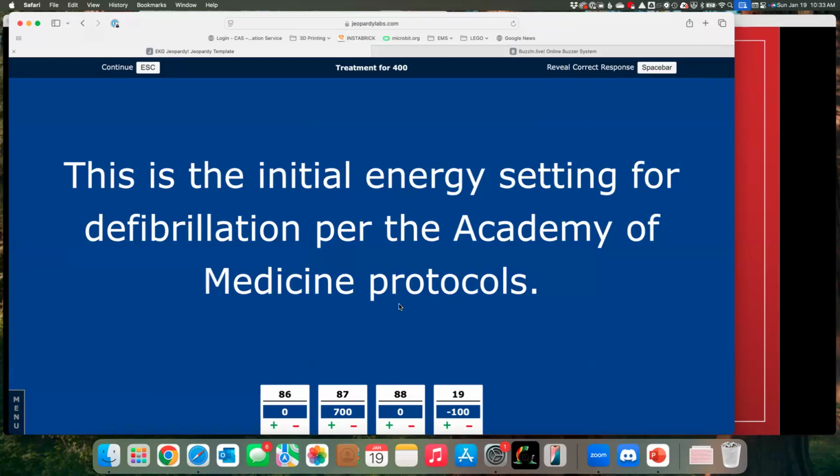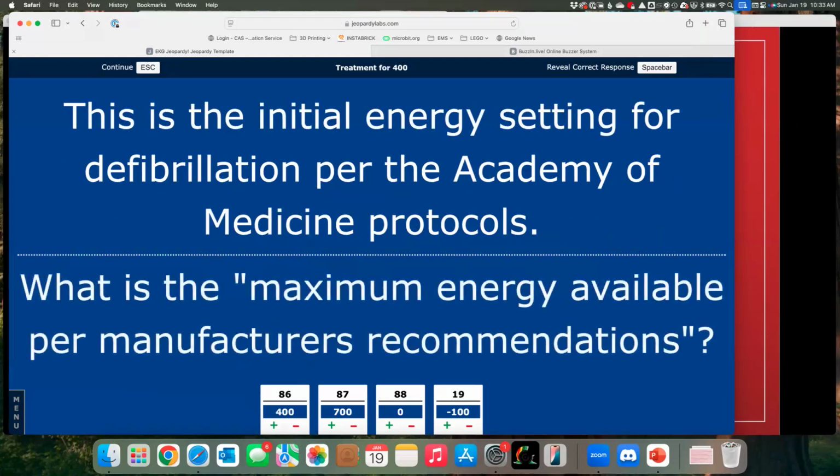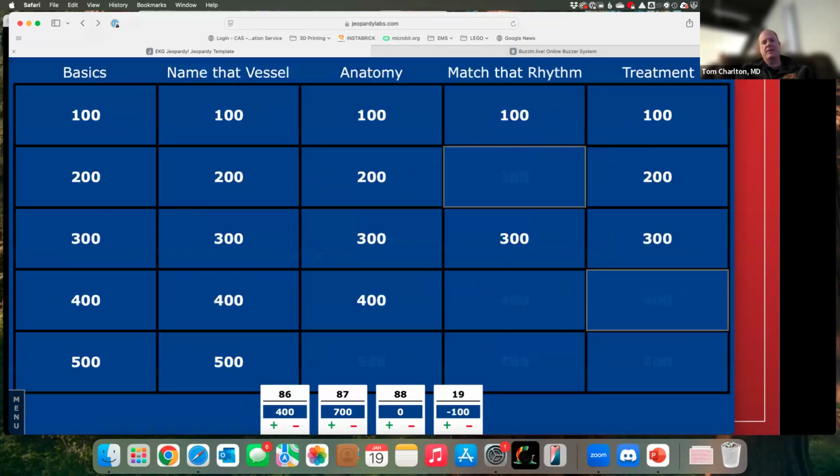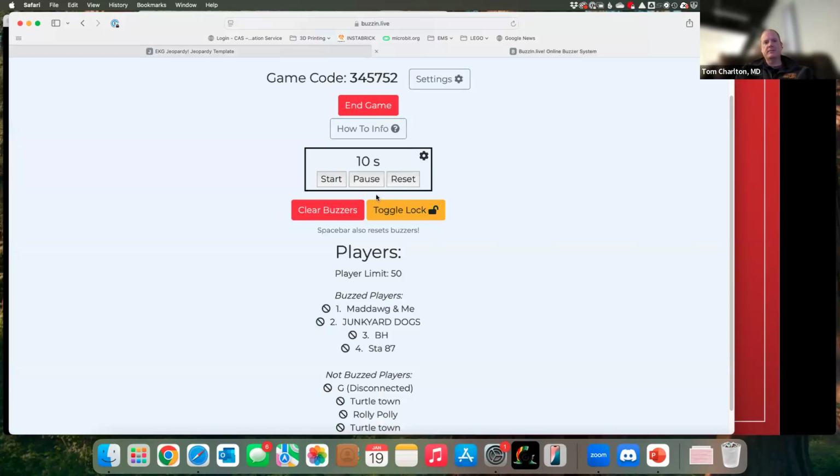What is the highest on the monitor? Correct. Maximum energy available per manufacturer's recommendations. So I would have given you credit if you'd said 360 because that's what everybody around here uses. So let me clear the buzzer.